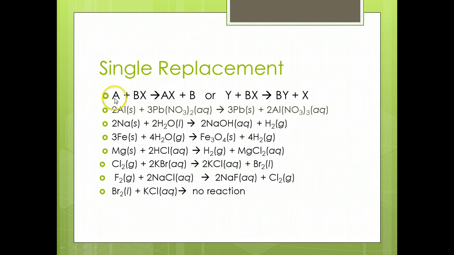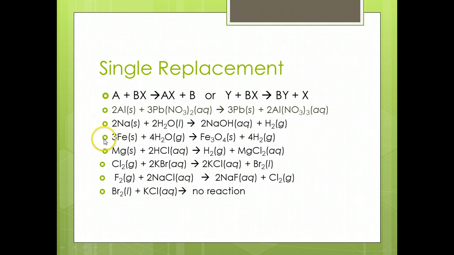So A here is an element, B is a cation, and I replace B with A, and I get my new element B. I can also do the same where I replace the anion in BX with Y, and so Y is an element, it replaces X, and we get BY plus X. And so I have some examples of both of those.